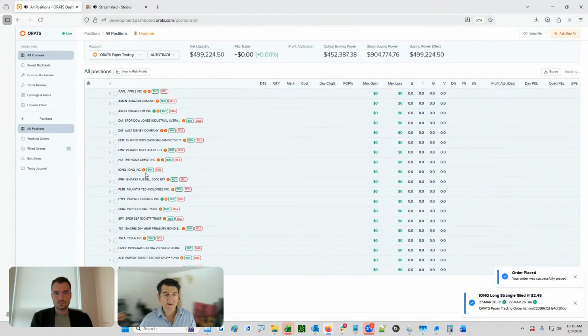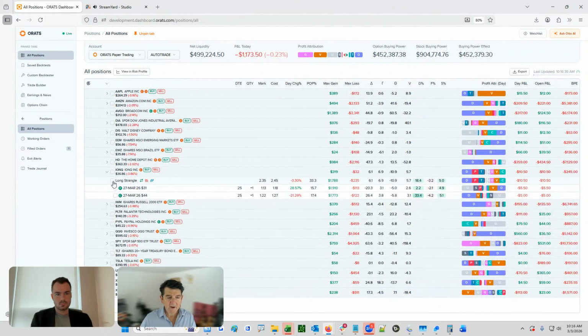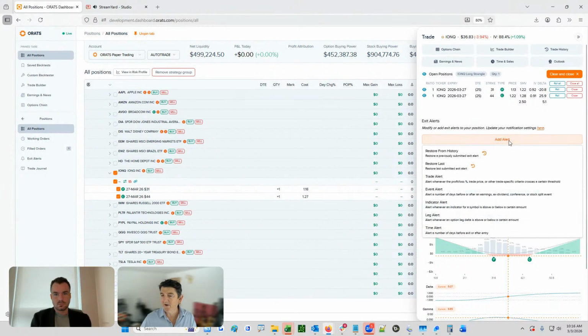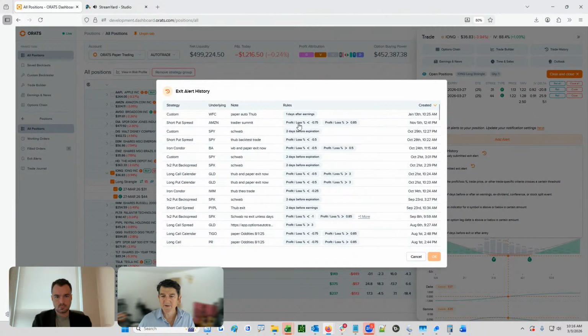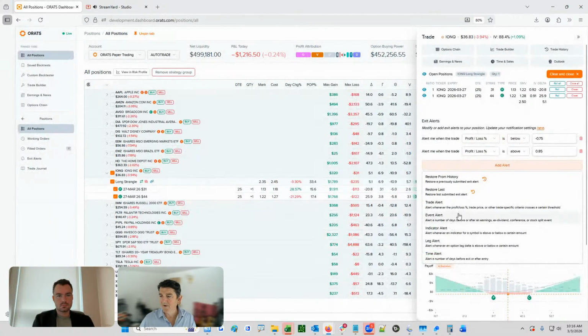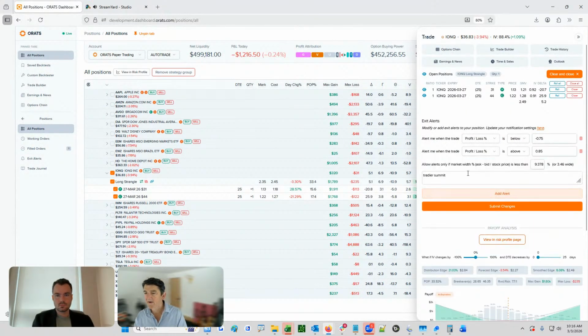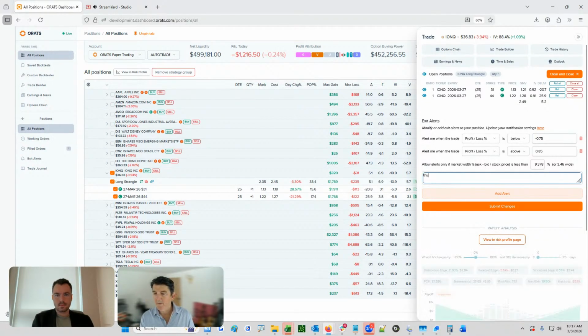So what I like to do when I put on a trade is go in and look at that trade and add an alert. I have some historical alerts in here, so I could say, let me know if the profit is here, and so then I could say, this is the Tradier hub for 3.3.